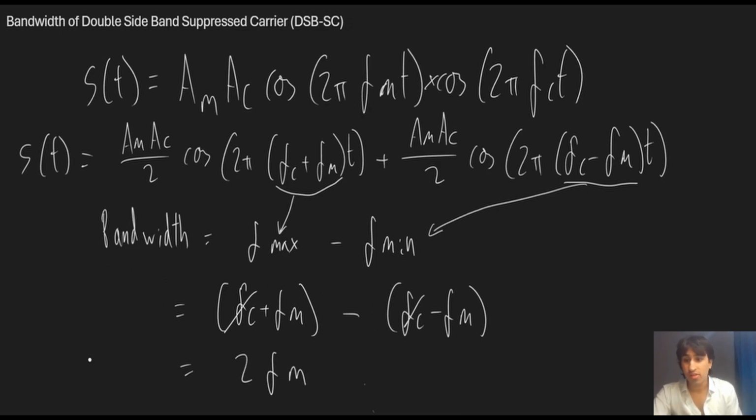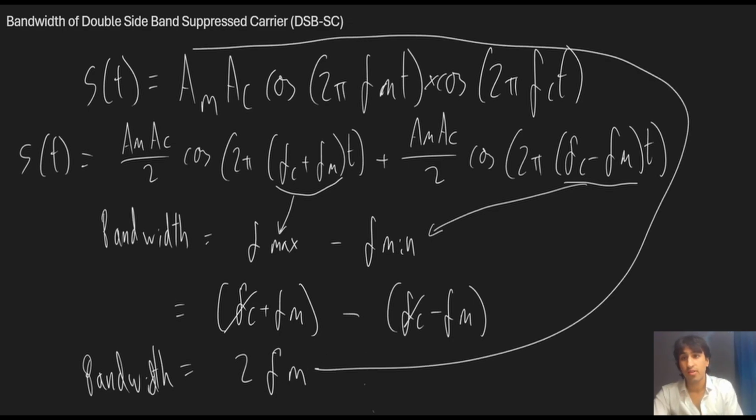So our bandwidth equals 2 multiplied by the modulating frequency, and that is the bandwidth of the double sideband suppressed carrier.